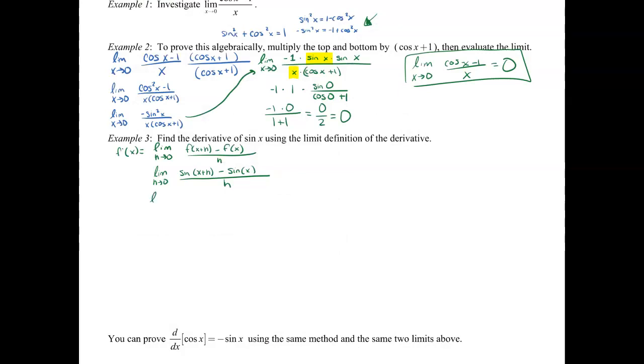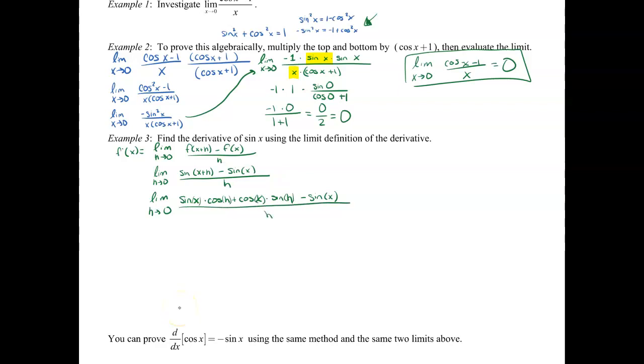Alright, but anyway, I've got the limit as h goes to 0 of sine of x times cosine of h, plus cosine of x times sine of h, minus sine of x, sitting there still on the end, just chilling, all over h.